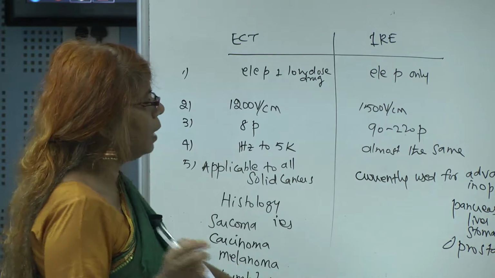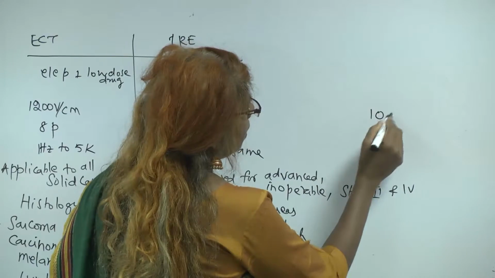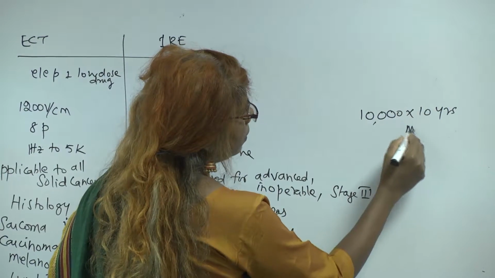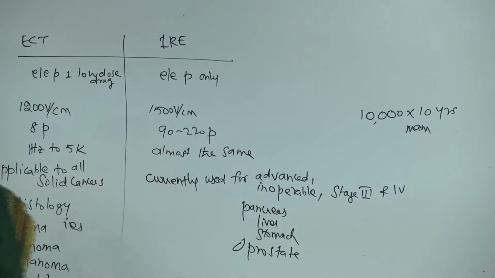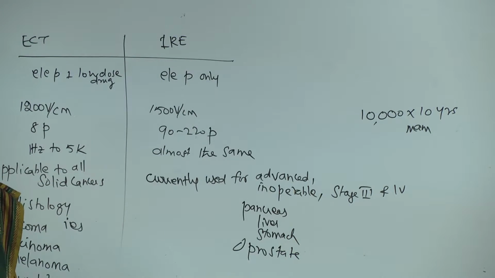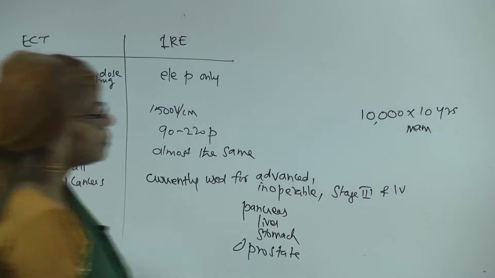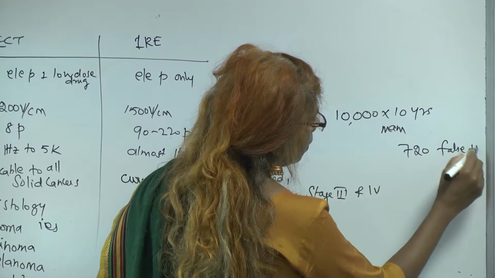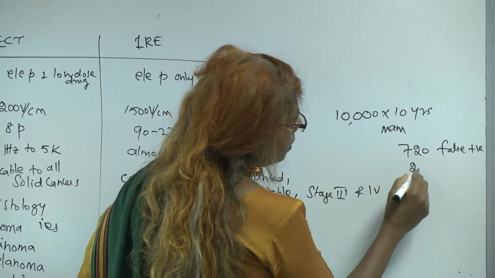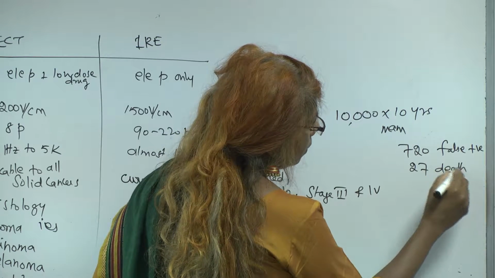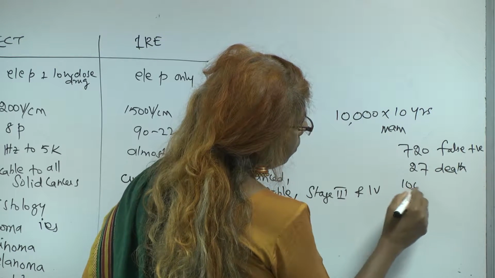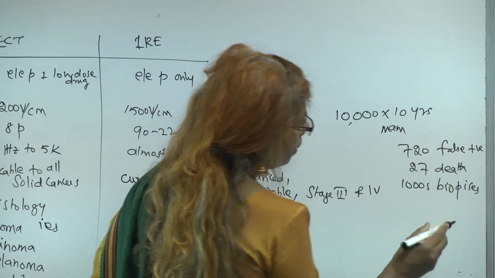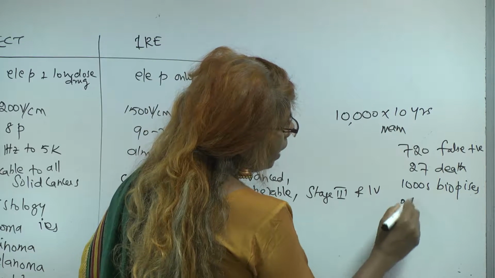There was a study: if you screen 10,000 women for 10 years with once-a-year mammograms, that means 100,000 mammograms, you get 720 false positives, then 27 deaths, and then some thousands of biopsies, because of a lot of false positives and false negatives. Only 2 lives were saved.